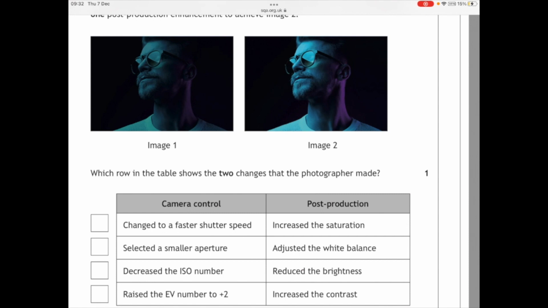You might think there's a colour cast on these images, but I think it's more that the photographer used gels to create this effect. Decrease the ISO number. Again, if you made the ISO lower, image 2 would be darker. Reduce the brightness, well, no, because image 2 is brighter. So the right answer is the last one.